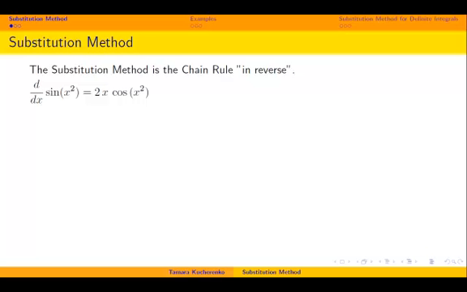This says that sine of x squared is an antiderivative of the function 2x cosine x squared. Therefore, the integral of 2x cosine of x squared equals sine of x squared plus c.